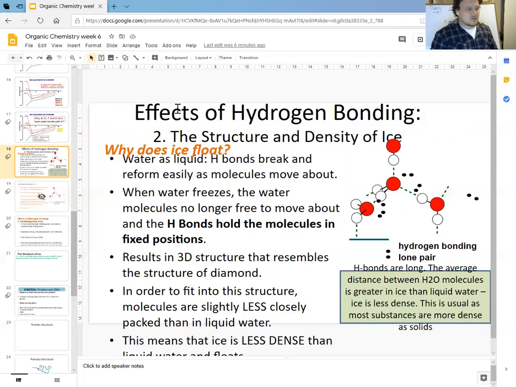And the molecules, in order to fit into this structure, are packed in less closely than in liquid water. So ice is less dense than liquid water.